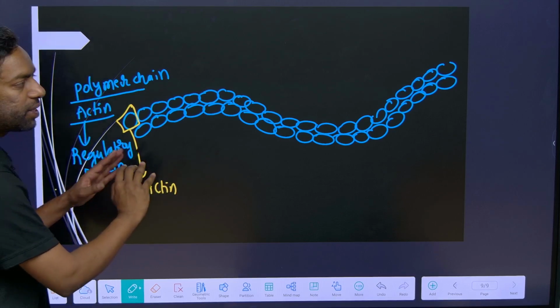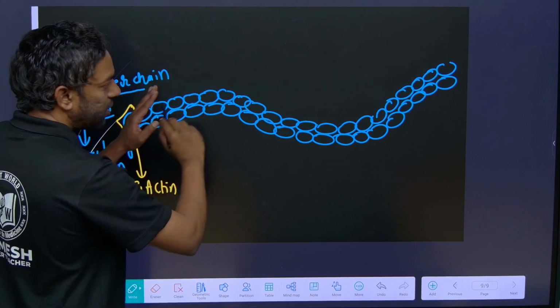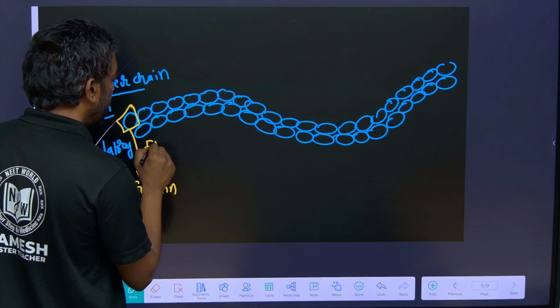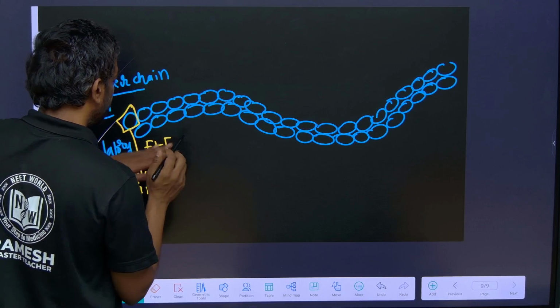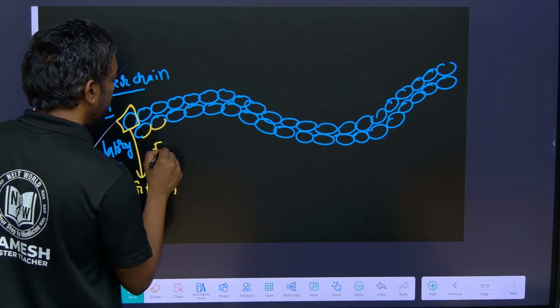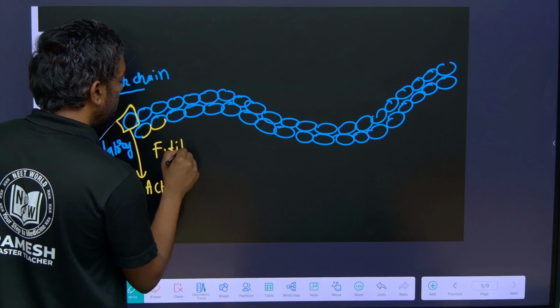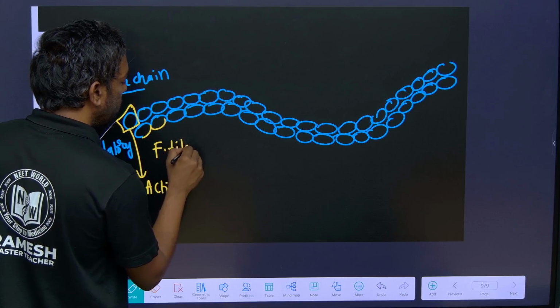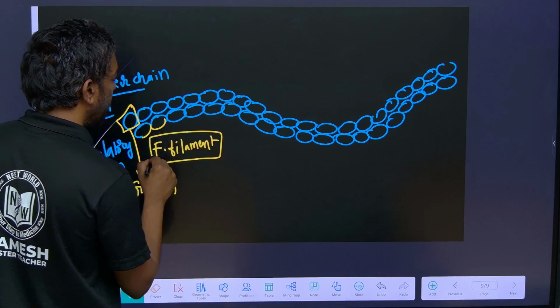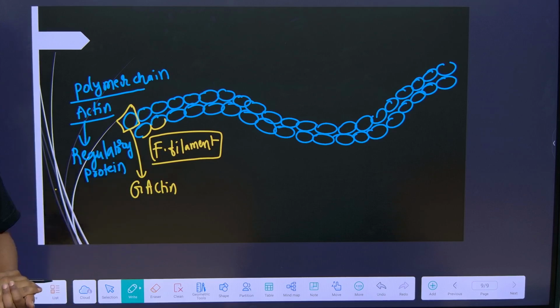This is in a filamentous structure, right? We can call it F filament. Okay, this is about the actin protein which is involved in the contraction.